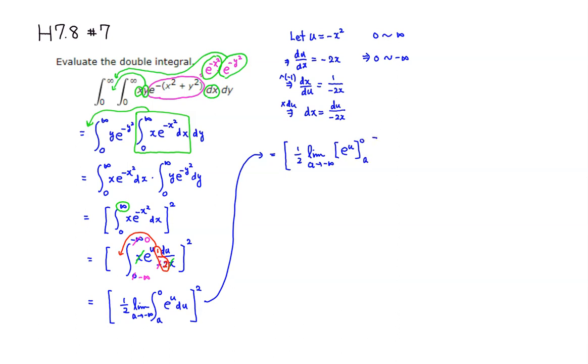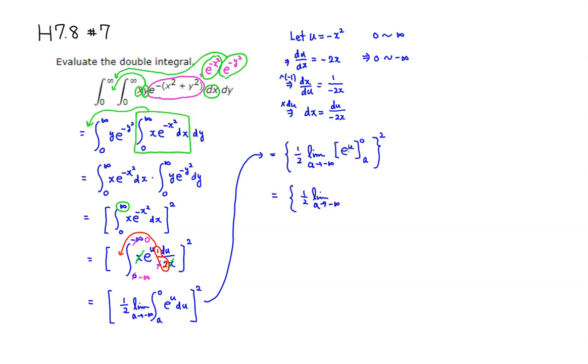I'm using a square bracket already, so I'm going to change the type of bracket. I'll put a curly bracket so that I don't get confused with the other square bracket. So you have to square that. Now you have a 1/2, and we want to take the limit as a approaches negative infinity.